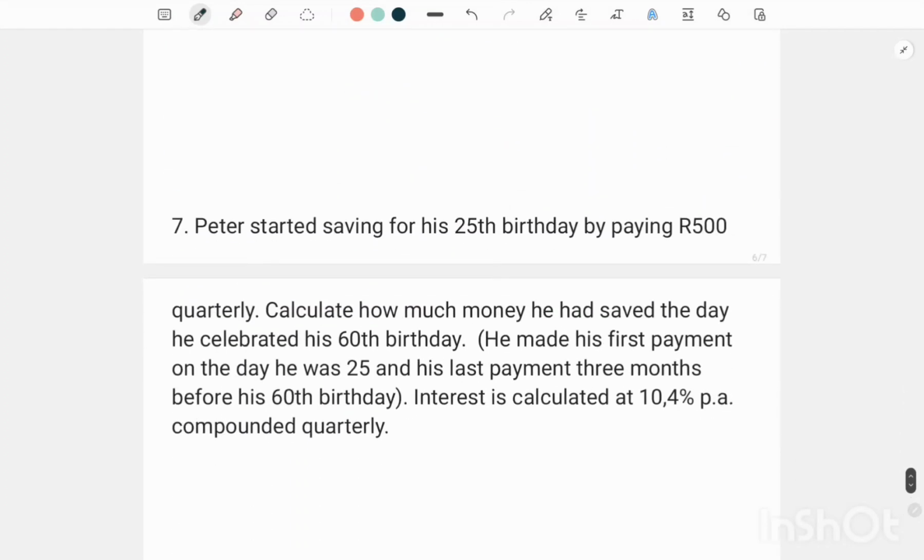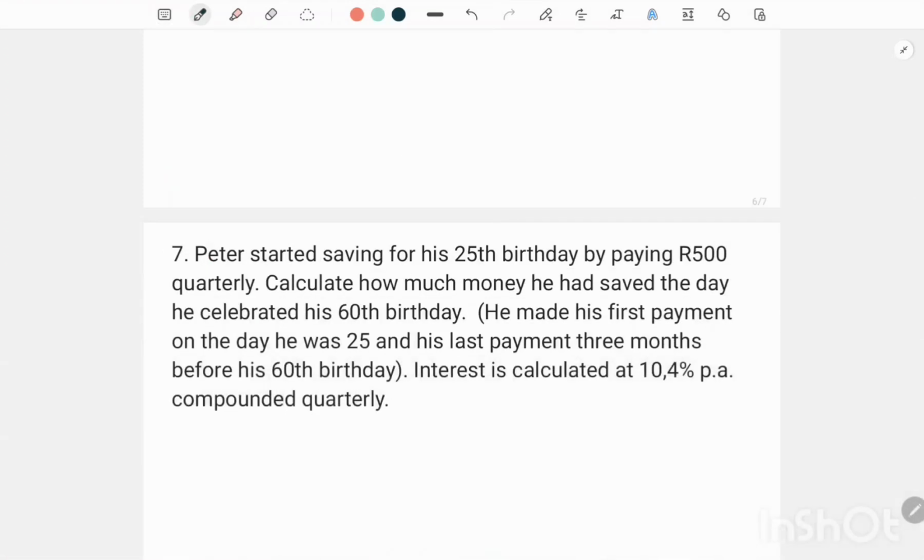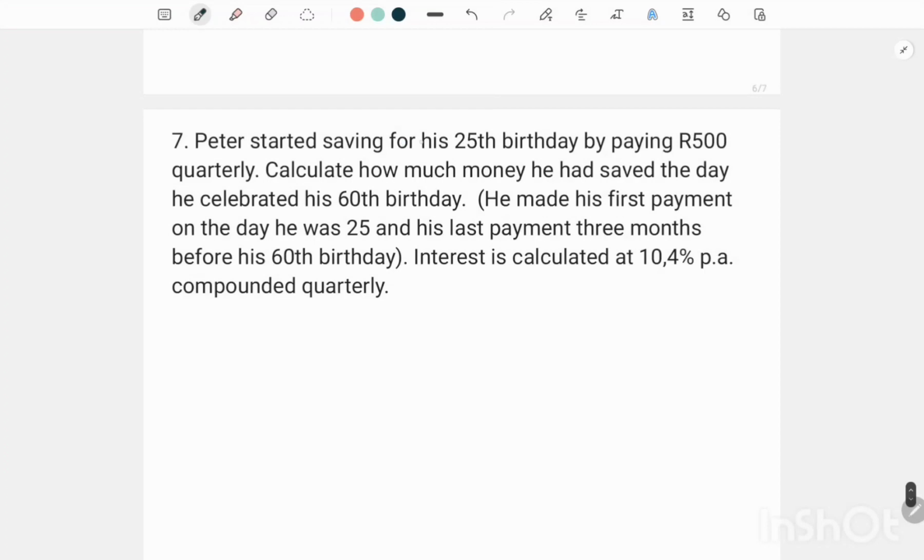Then the last question. Peter started saving for his 25th birthday by paying 500 quarterly. Calculate how much money he had saved. So this one is not a loan.